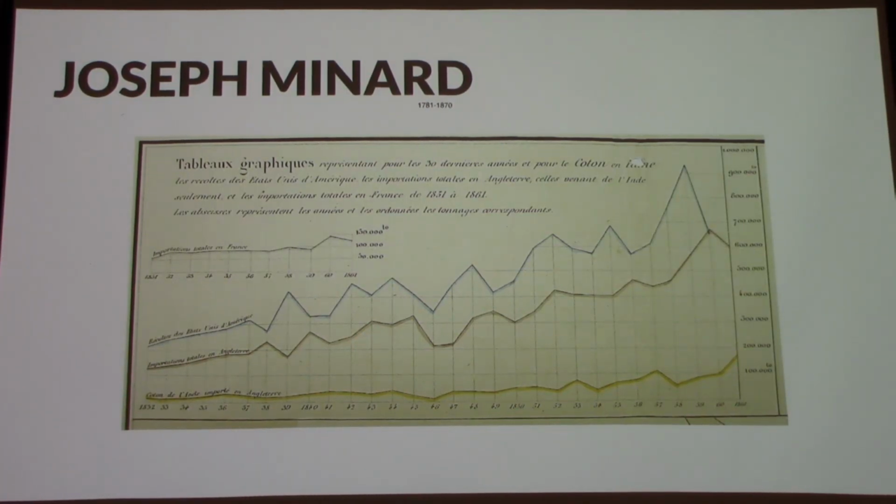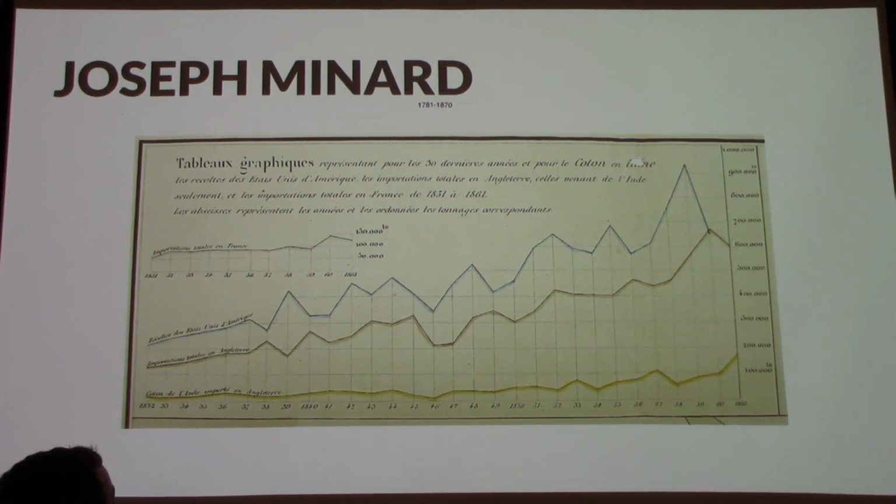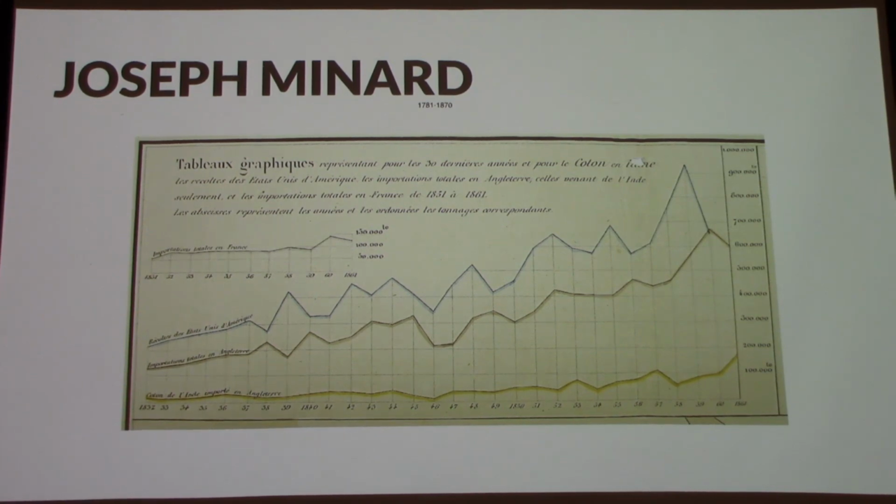And this is one of Minard's maps that shows economic data, cotton import from India to England, and something else with America, on top of each other.